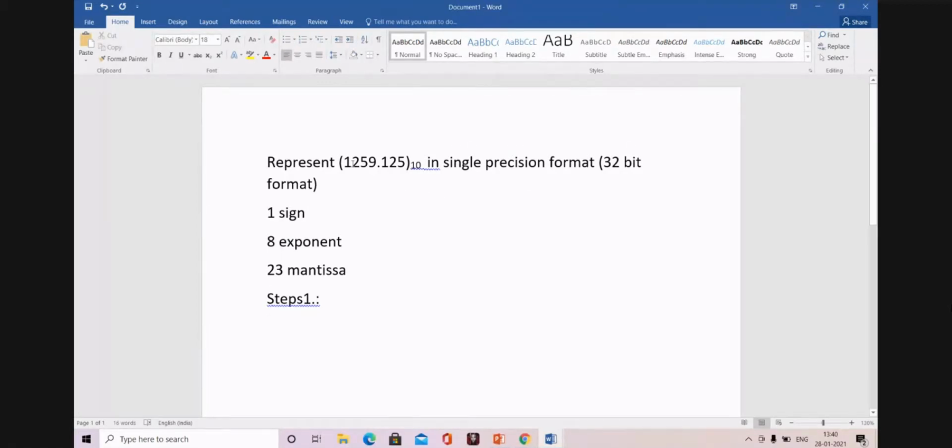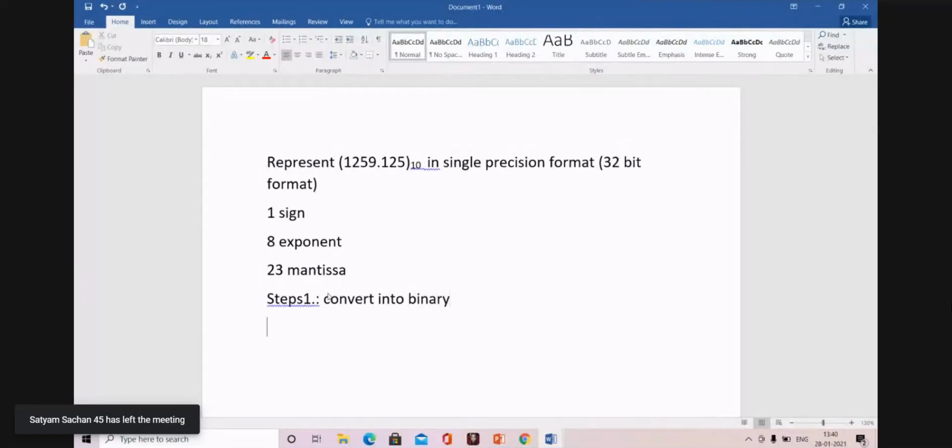The base is 10, so it is a decimal number. If it is given in hexa or octal, you have to convert into binary format. Now the question is given in decimal format, so you need to convert this decimal into binary form.